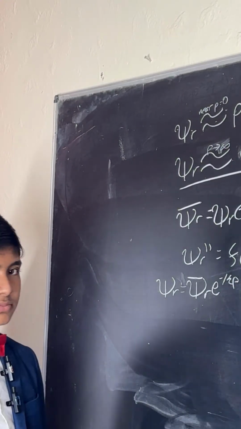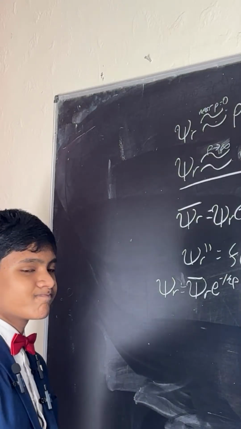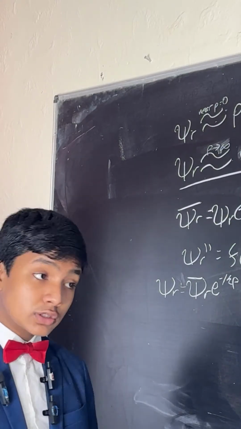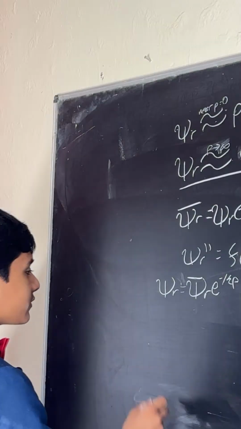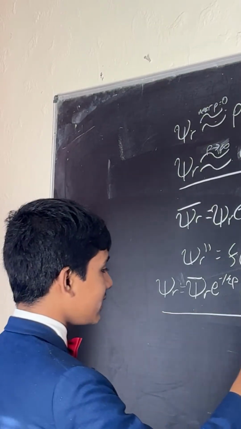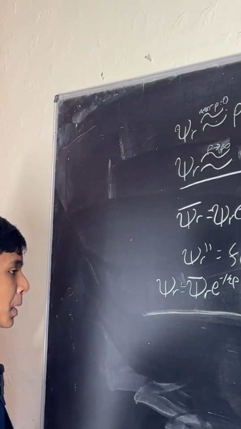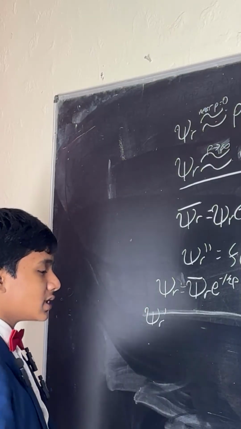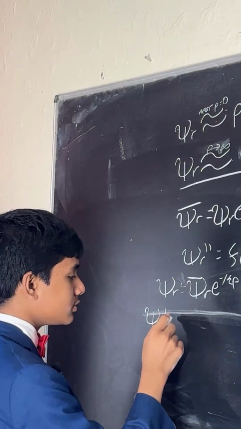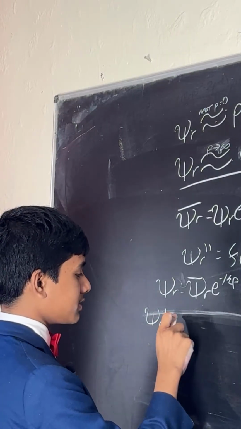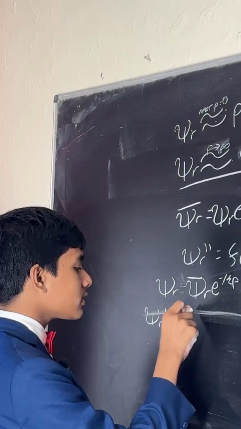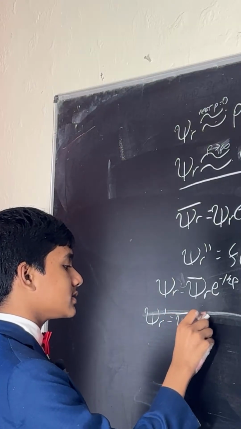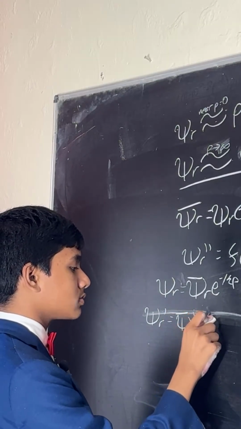Once we've stripped it of the asymptotic behavior, well, now let's take the first and second derivatives. The first derivative is going to give us psi r prime is equal to, well, we have to use the product rule. Psi r overline prime times e to the minus kappa rho.